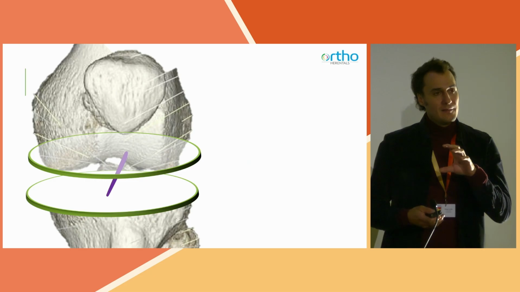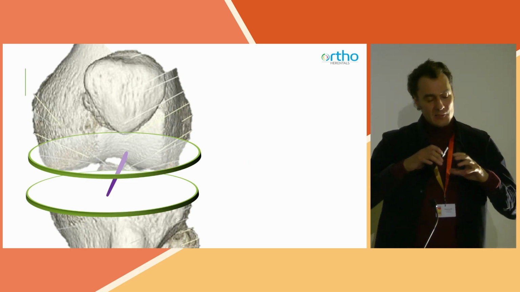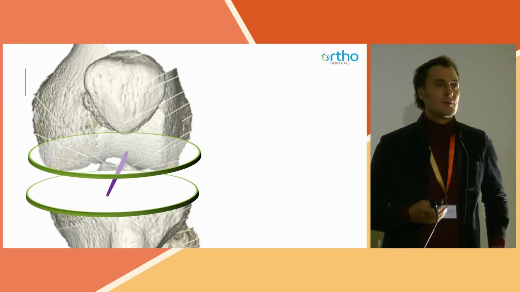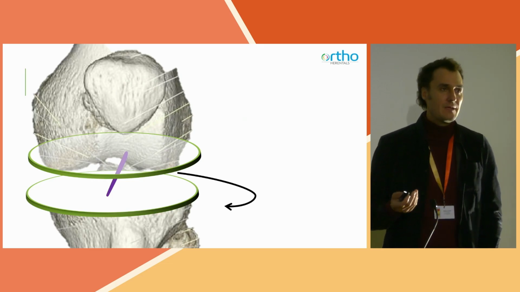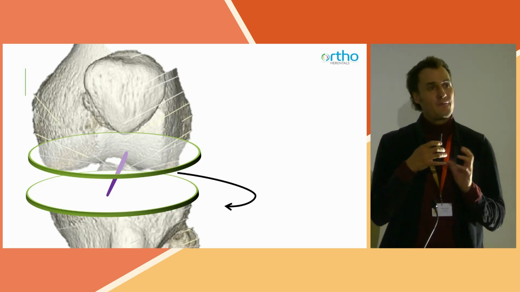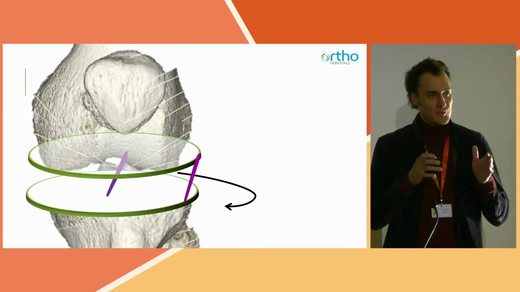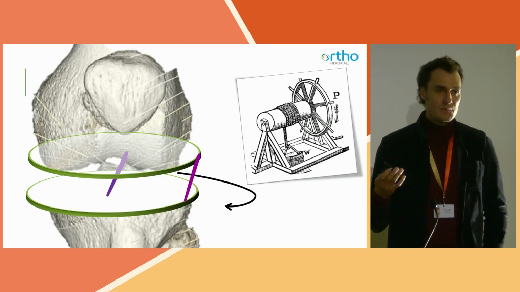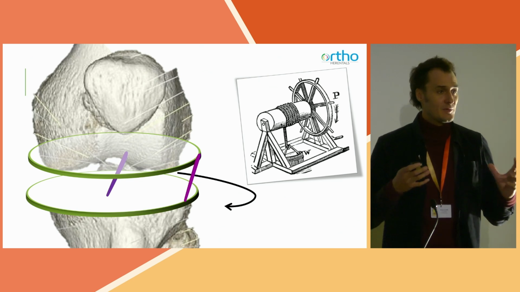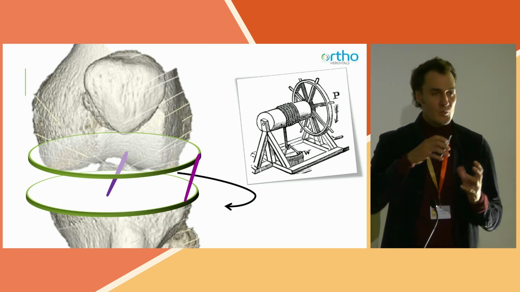The ACL is located in the center of these two rotating planes, and biomechanically, this is not a very functional kind of structure. If you want to affect rotation of these two planes, your structure should be at the outside, at the edge of these rotational planes, because of the biomechanical principle of the wheel and axle.